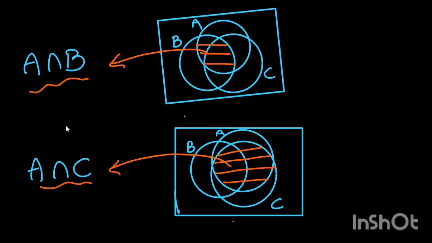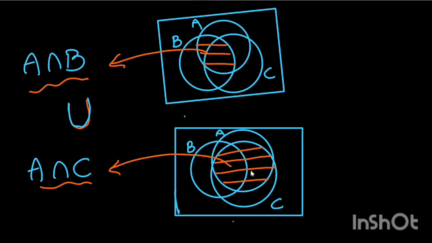Now if I ask you to take the union of these two, what will it give you? It will create this extra region, which is not here. This is the common region of A intersection B intersection C, which is present in both.